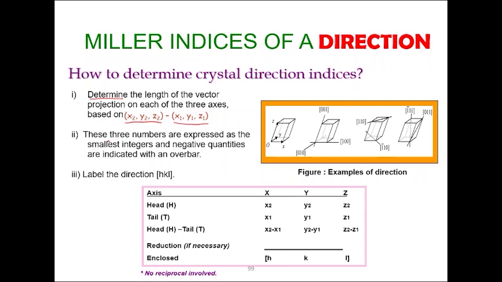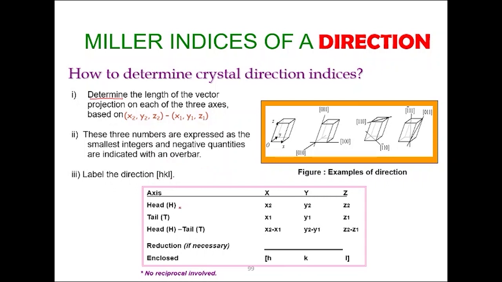The second step is that these three numbers are expressed as the smallest integers, and negative quantities are indicated with an overbar. I will explain about it in the example. And then the last one, label the direction as hkl. You must know that the enclosure for Miller indices of direction is like this.